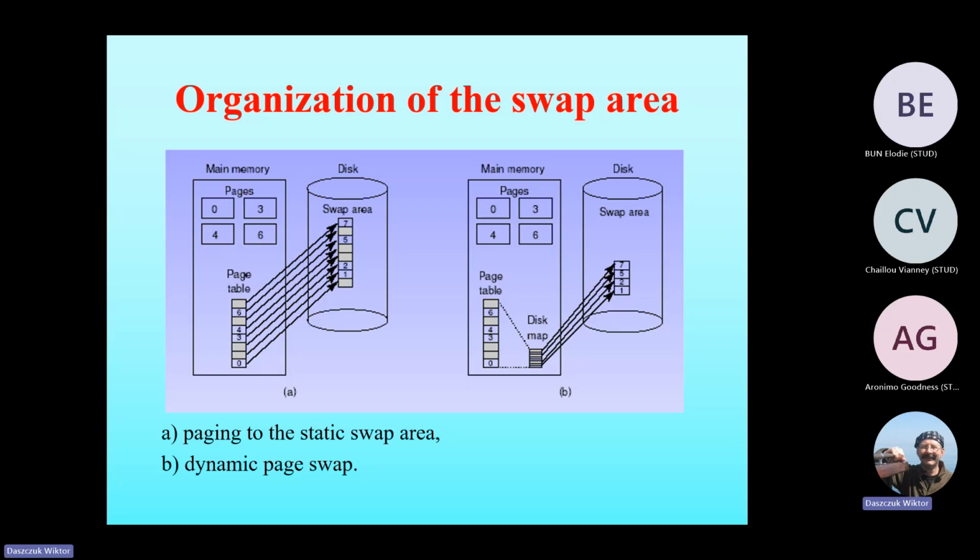This is dynamic page swap. This technique was used many years ago; it can be used, but I will return to this later. It is for disks of low capacity.